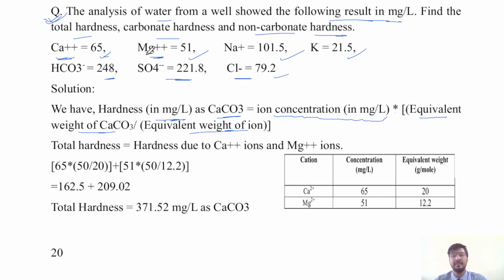These Ca++ and Mg++ ions are the hardness components. Total hardness is due to calcium ion and magnesium ion only. Here strontium ion is not given in the question. So total hardness is the hardness due to calcium ion and magnesium ion only.